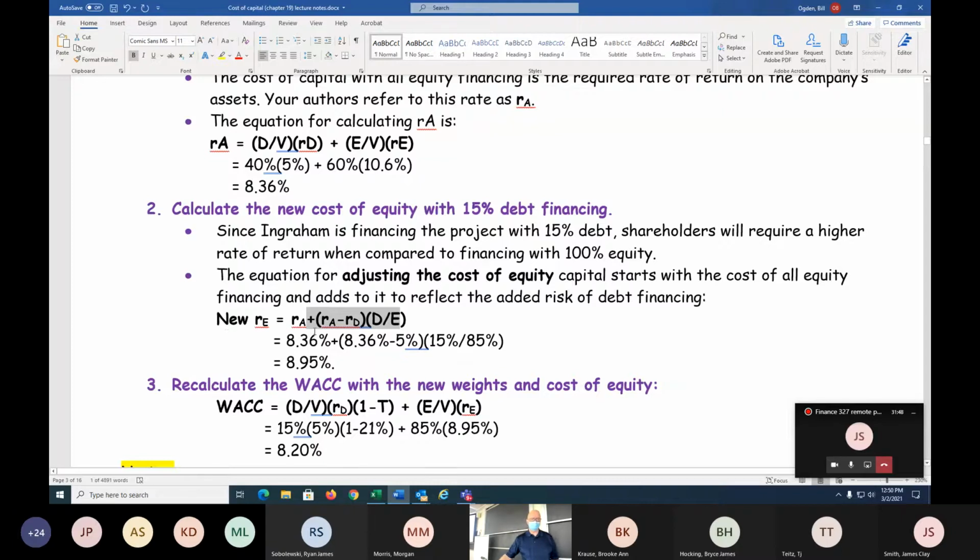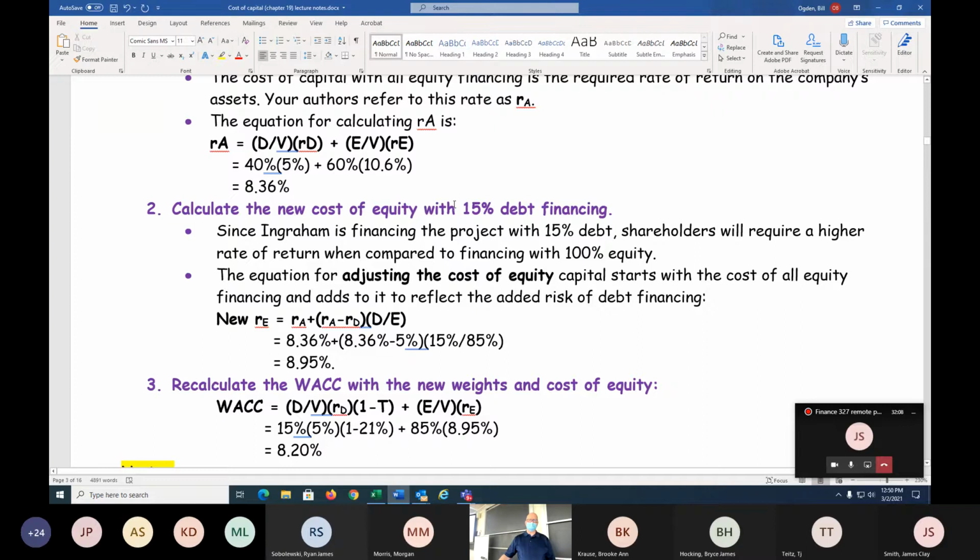Okay, so let's just go through it, fill it in. 8.36, no debt, plus we're going to add to that 8.36 minus, so in other words, RA minus RD, and then we'll adjust that for what are the debt to equity proportions.